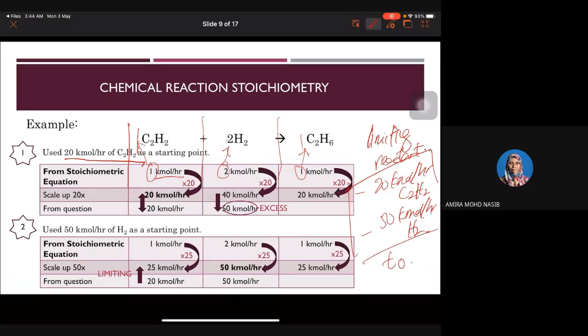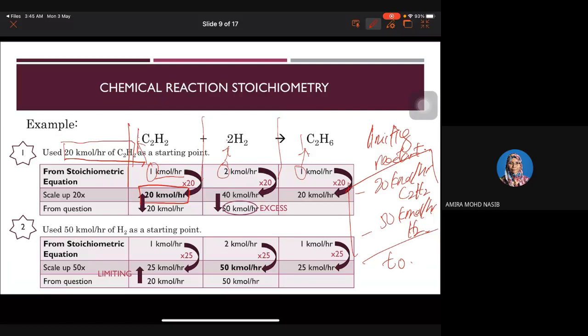That's why I started with kilomole per hour. Since in the question stated that it has 20 kilomole per hour of C2H2, so I directly put here 20 kilomole per hour.